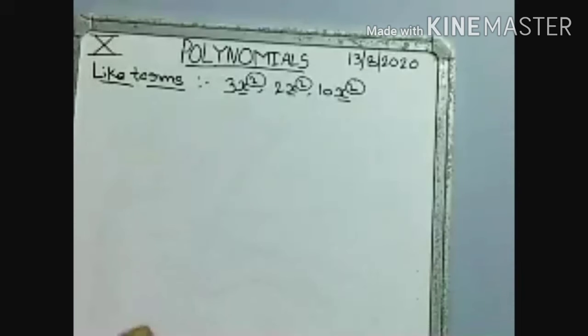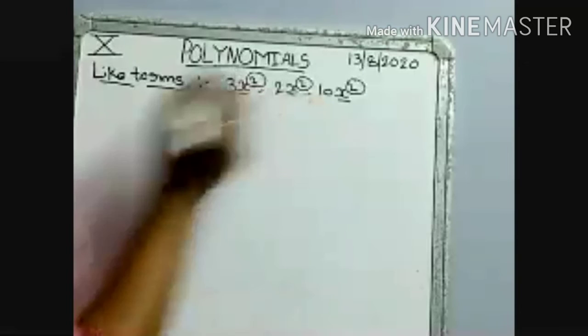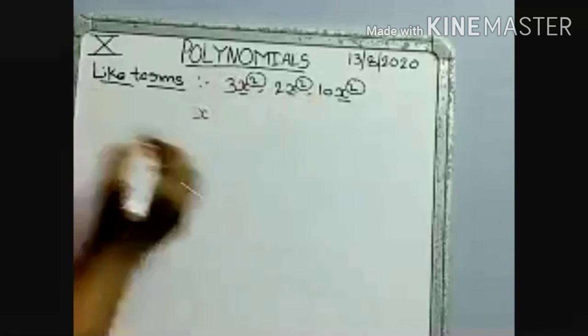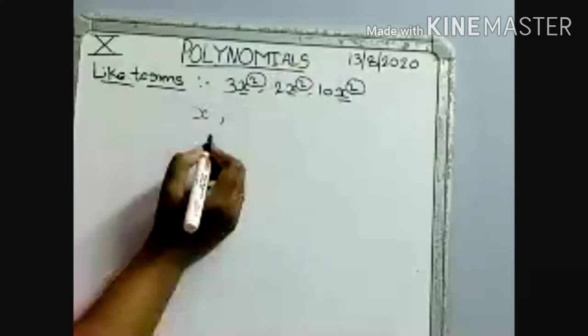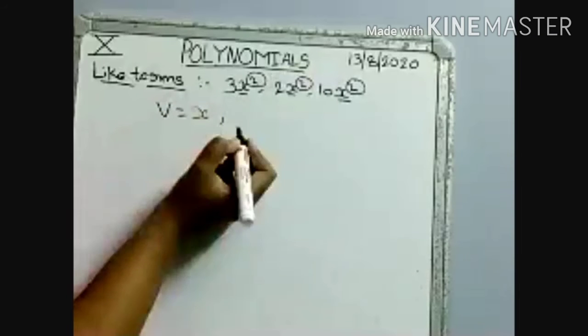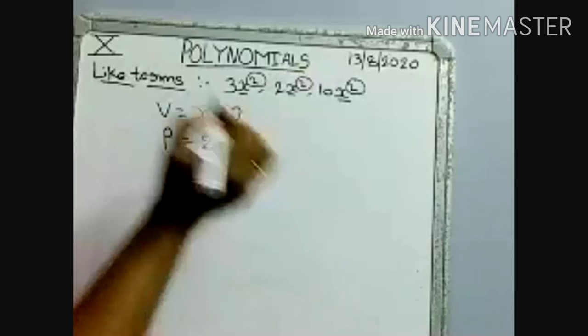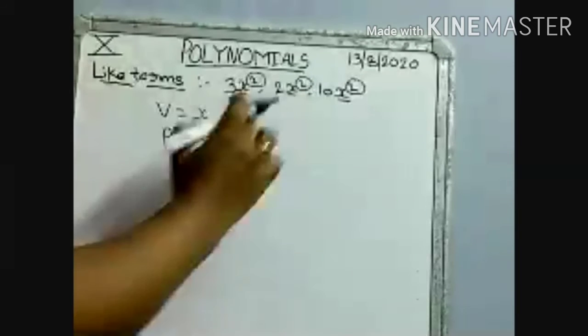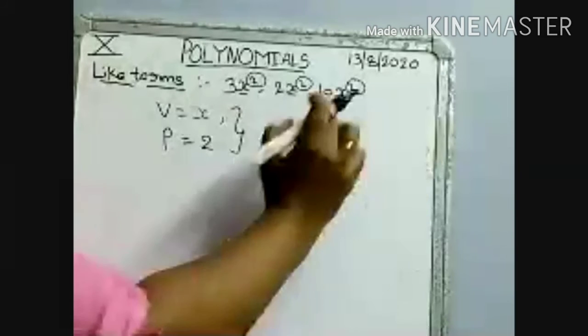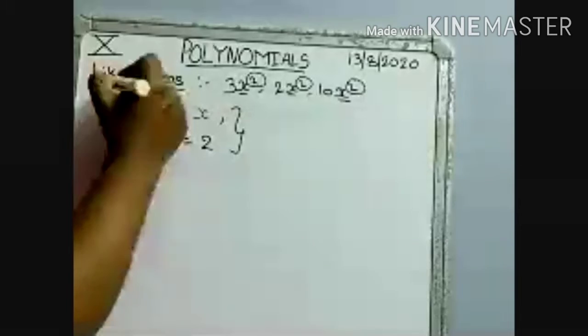In these three terms, x is the common variable, and the power is 2. So when the variable and power both are same in the given terms, it is called like terms.